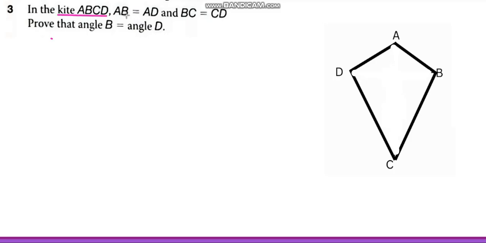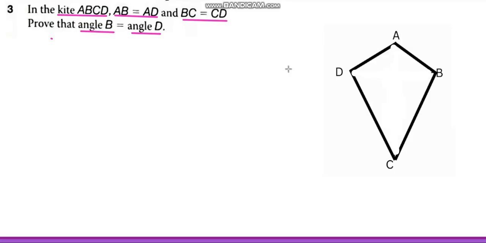In the figure ABCD, AB and AD are two equal sides, and BC and CD are also two equal sides, and we have to prove that angle B and angle D are equal. So if we carefully observe the figure, this is a quadrilateral. In our previous questions, we were proving congruent triangles.